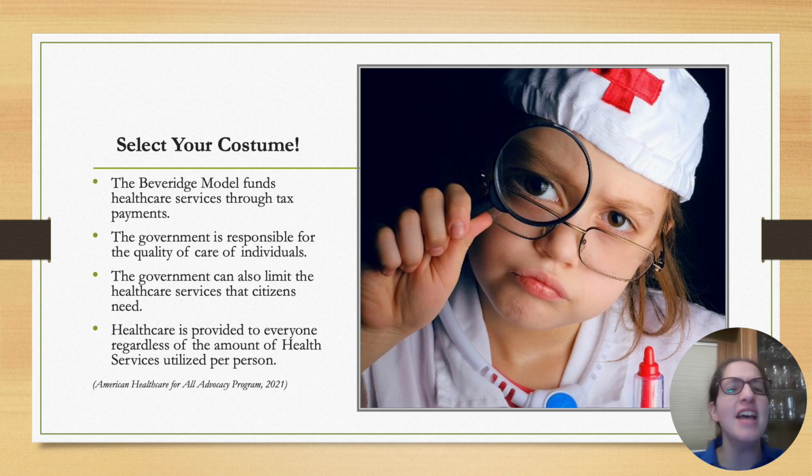And healthcare is provided to everyone, regardless of utilization per person of how much healthcare services that they use, according to the American Healthcare for All Advocacy Program 2021. And so we have a photo here of a child dressed up.